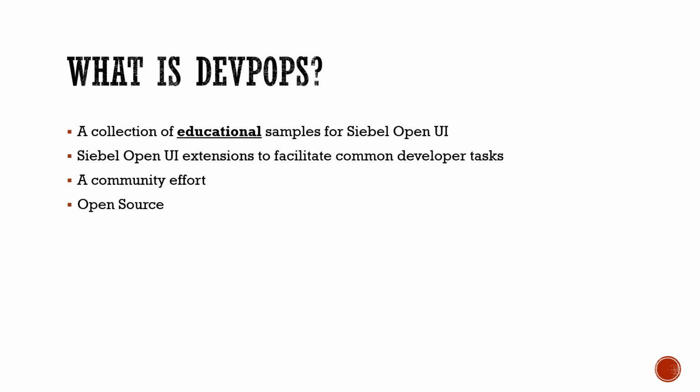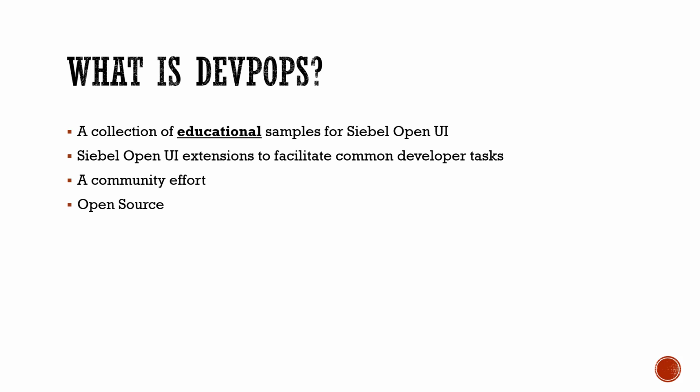So what is devpops? Devpops is a collection of educational samples for Siebel Open UI. So it's for learning Siebel Open UI first and foremost. But it is also a collection that shows how to use Siebel Open UI extensions to facilitate common developer tasks, such as inspecting a workspace, for example, or testing eScript.